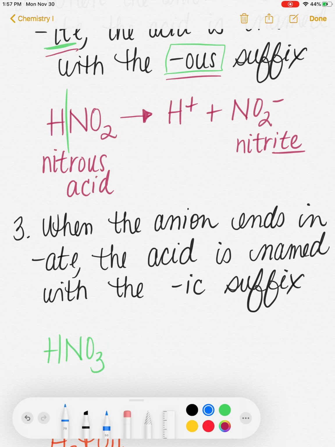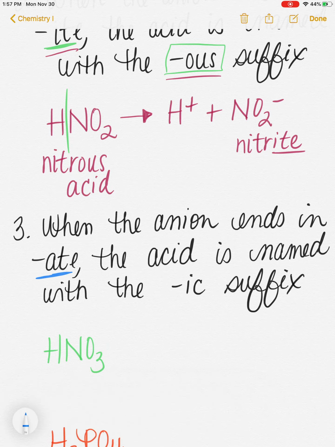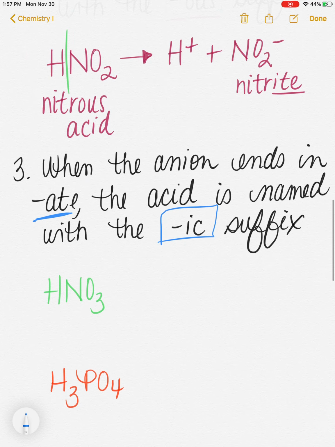What about the third option for anions? What about if it ends in an ate ion? So if it's an ate anion, then the acid is named with the ic suffix. So if we take a look at HNO3, notice very close to what we just did, but what we just did was HNO2.